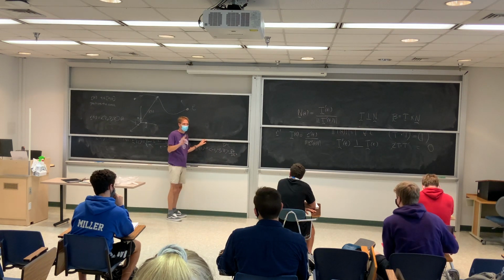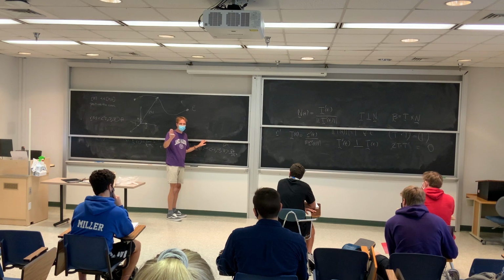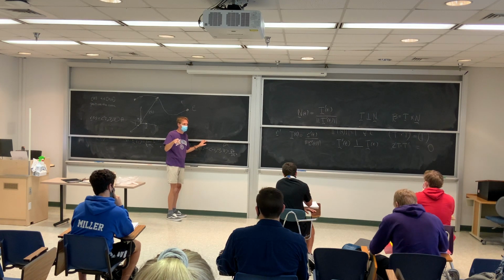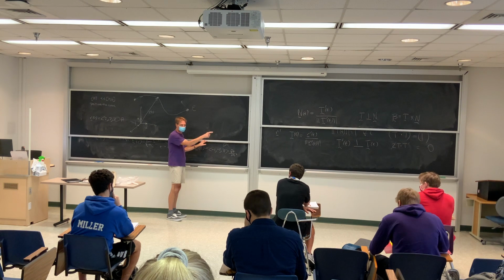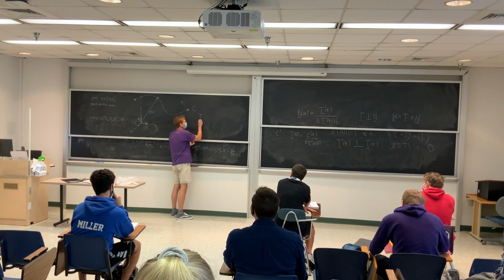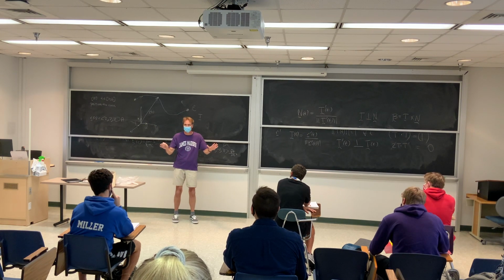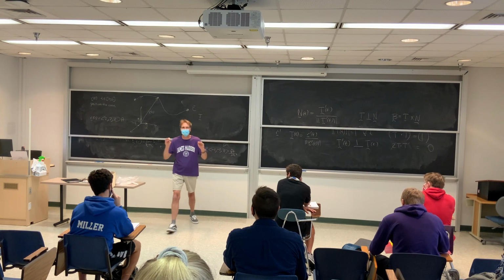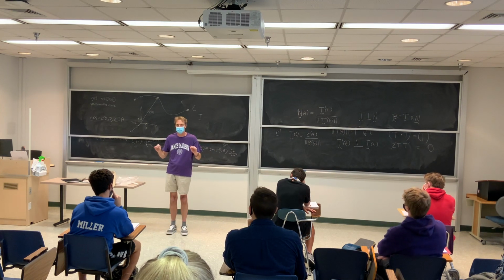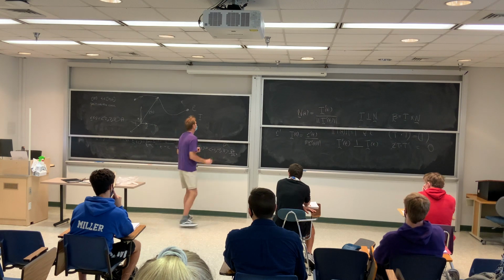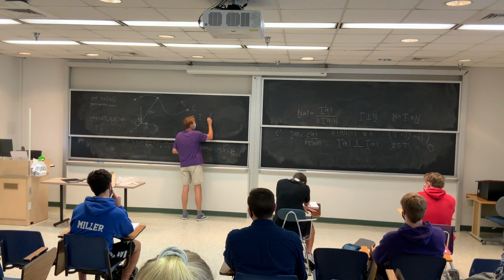So don't look at your notes, don't look at the board. How do you find capital T? If I gave you a space curve, how would you find capital T? R prime divided by its norm; that's the way it's defined.